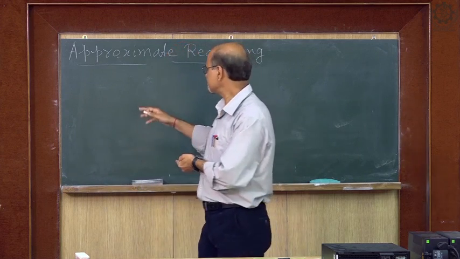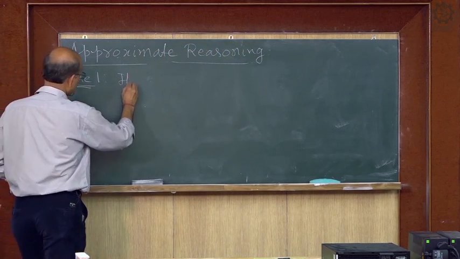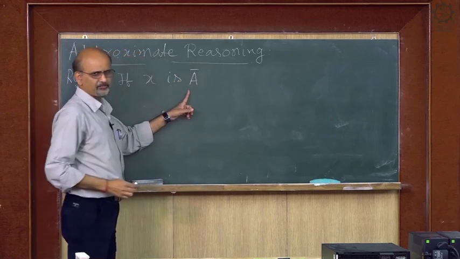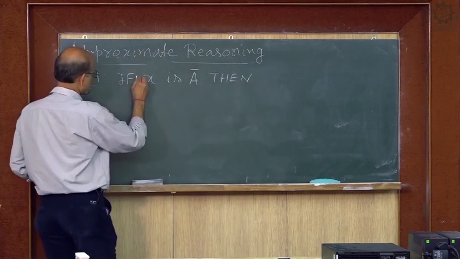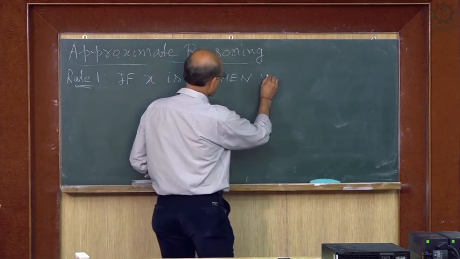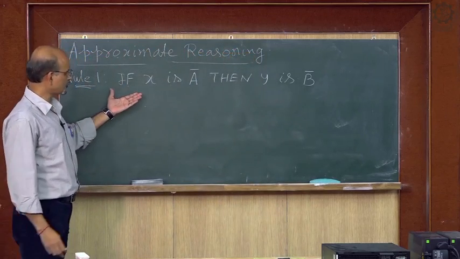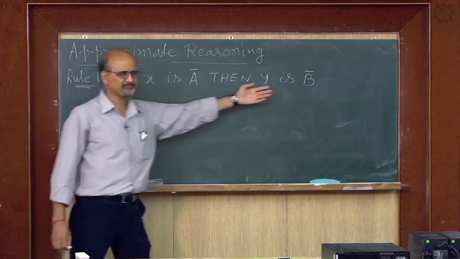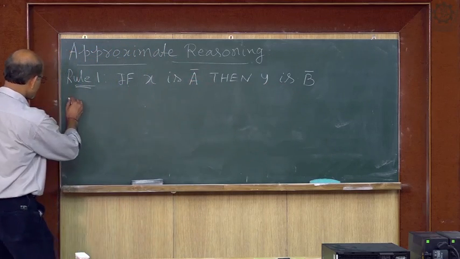So, that means if I have rule 1, if x is A bar, because it is fuzzy, then y is B bar. This is your implication, A bar implication B bar. If x is A bar then y is B bar, this is rule 1.